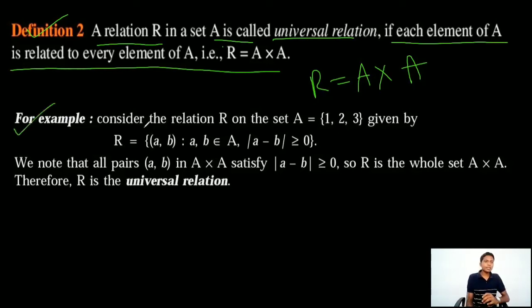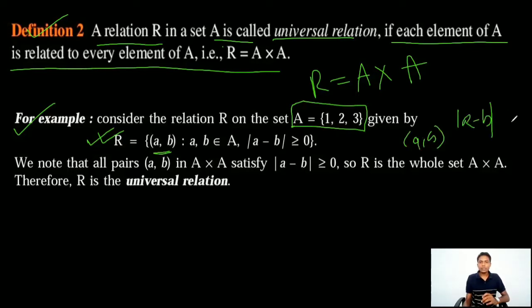Here is an example. This is our previous set A, A is equal to 1, 2, 3. Then the definition of R will contain those ordered pairs (a, b) if mod of a minus b is greater than or equal to 0.